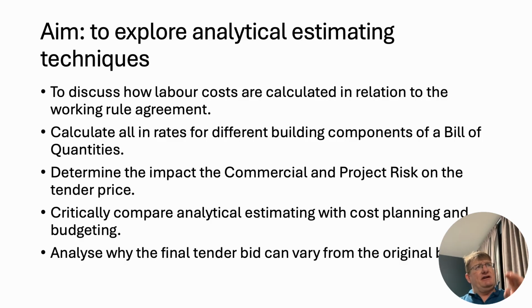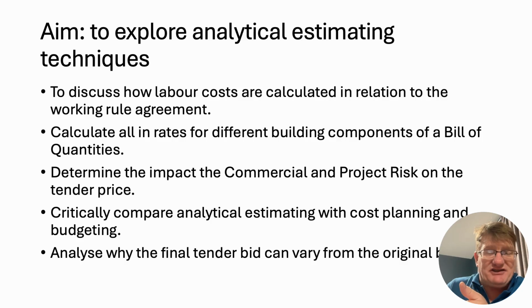Why are they different from the original budget? I don't think that you need to move on to the next stage, where the contract itself varies throughout the duration of the construction phase, and the final sum varies.